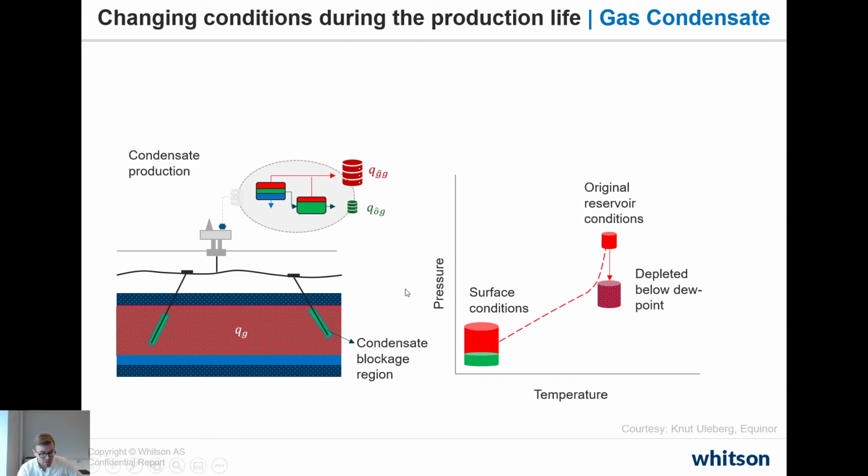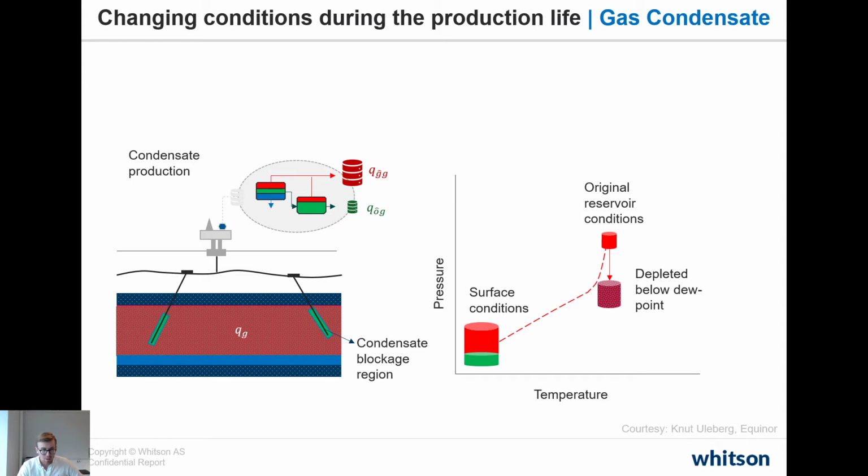This condensate saturation typically remains immobile, so we typically don't produce it from these condensate reservoirs just because gas is much more mobile than oil. And we also get this interesting phenomenon related to condensate blockage, which is beyond the scope of this course, but we have another course on Whitson Academy that covers that special engineering topic.